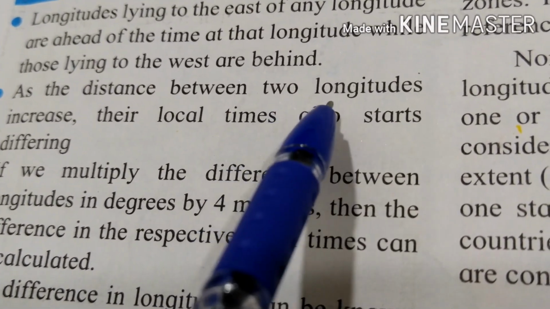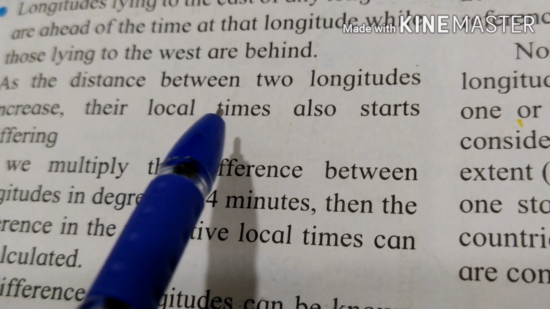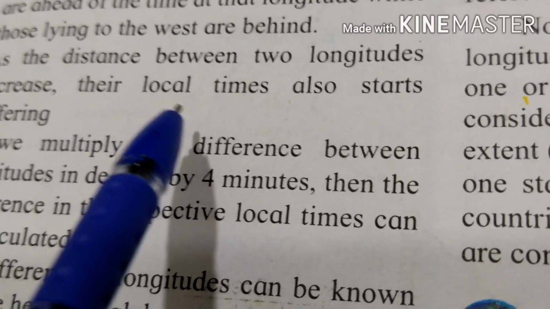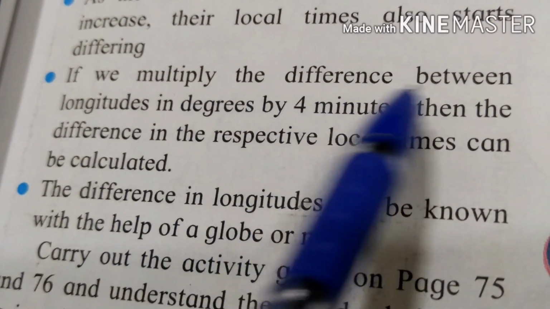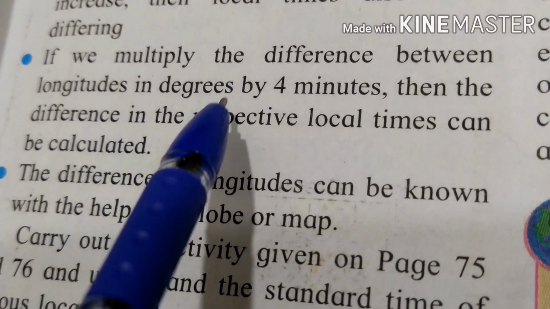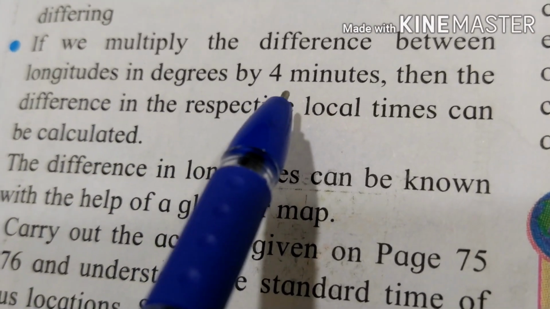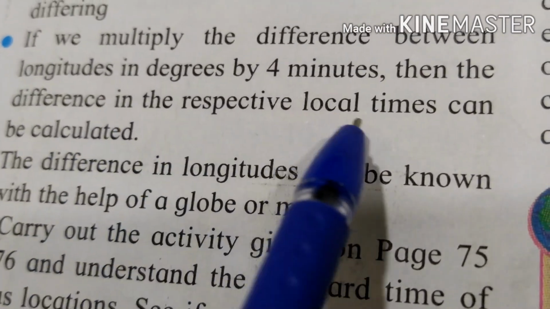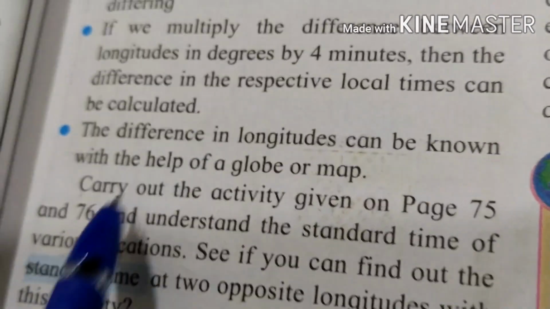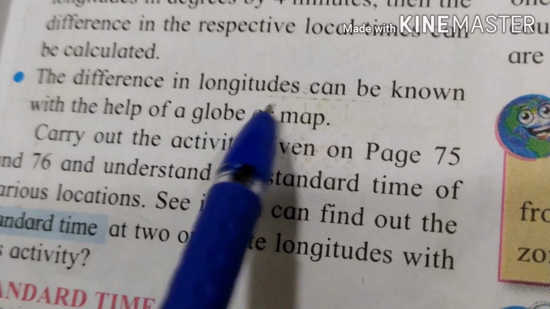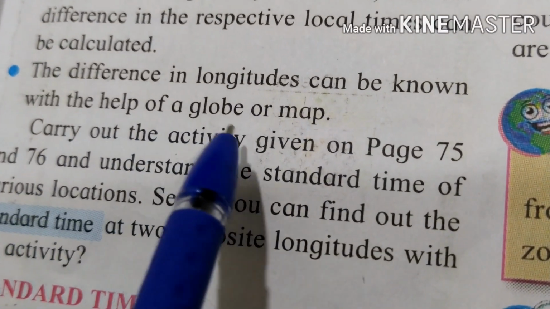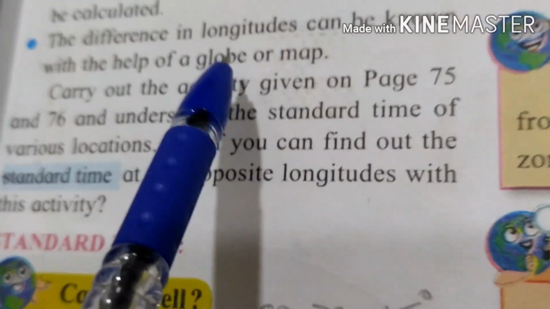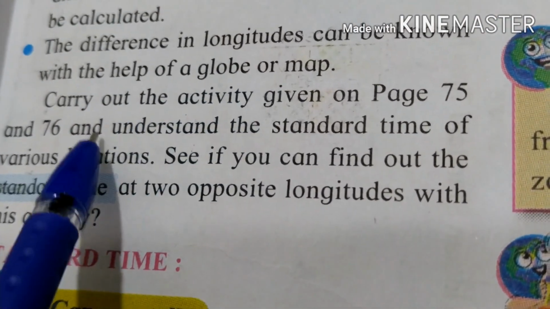If you multiply the difference between longitudes in degrees by 4 minutes, then the difference in the respective local times can be calculated. The difference in longitudes can be known with the help of a globe or map.